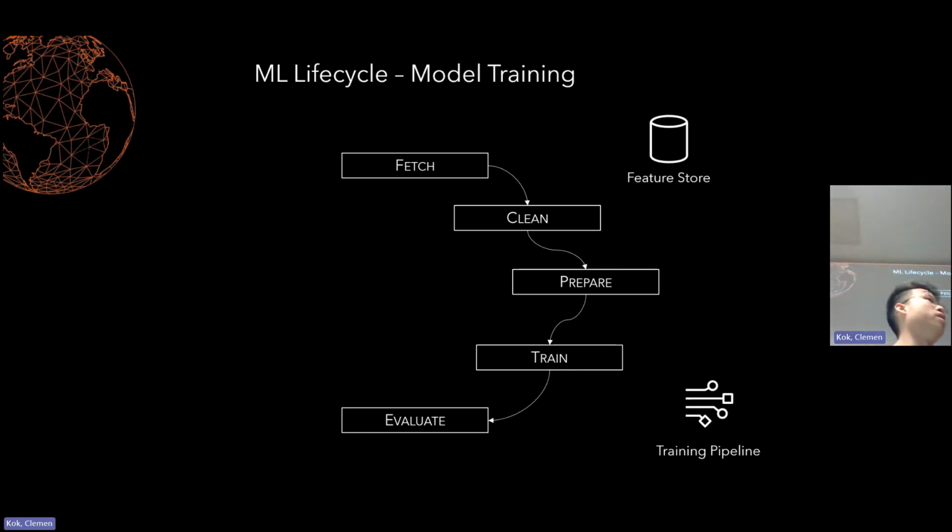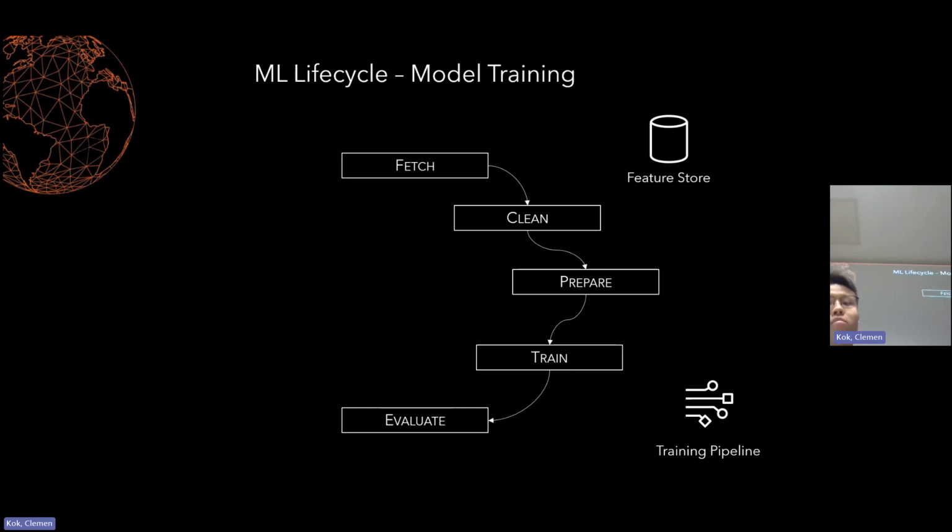Then afterwards, after we have prepared our data, we can start talking about training our model. We can set up something like a training pipeline. You would typically learn in any introductory ML course that your model is trained using a notebook, Colab or Jupyter Notebook.